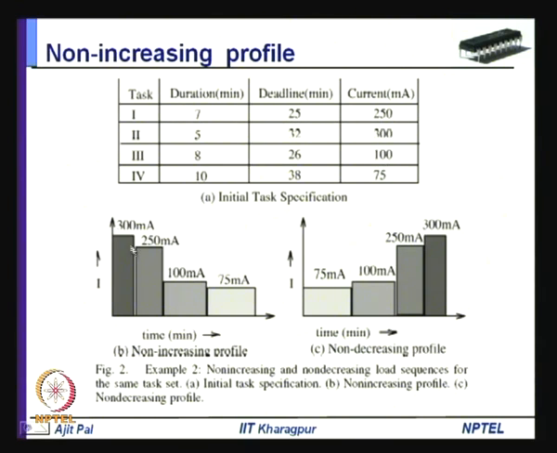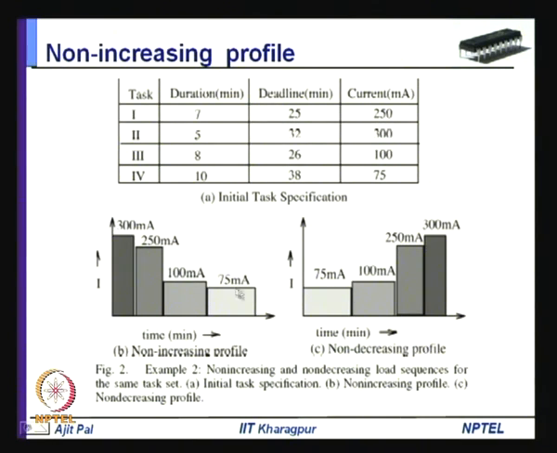As you can see here, the task which draws the larger current has been scheduled first, then the task which draws the next higher current is scheduled second, then the third one draws lesser current than the first two, and finally, the task which draws minimum current is scheduled. So, this is your non-increasing profile.